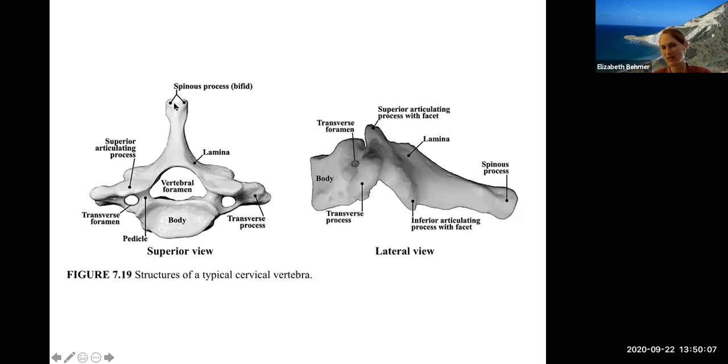The cervical vertebra also has holes, transverse foramen, in its transverse processes, and this allows for blood vessels to travel through. Also, you can see the superior and inferior articulating process with facet. And again, these parts are on all vertebra, and they just allow the vertebra to stack nicely on top of each other.